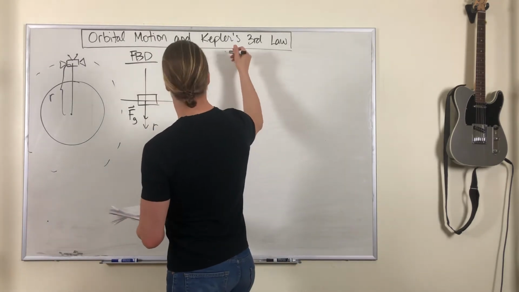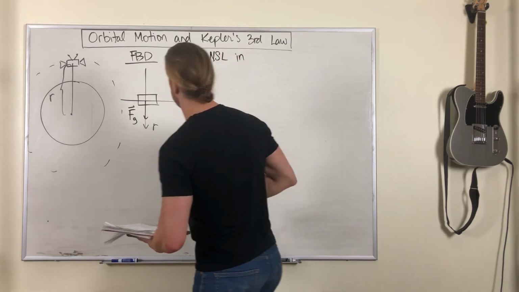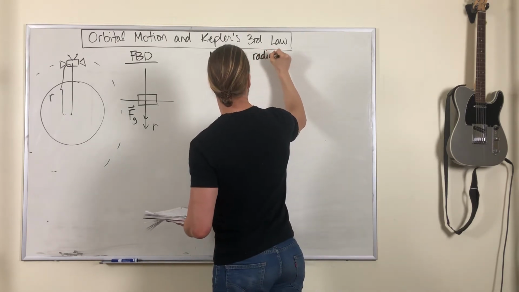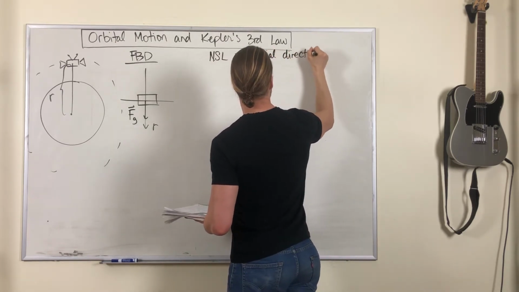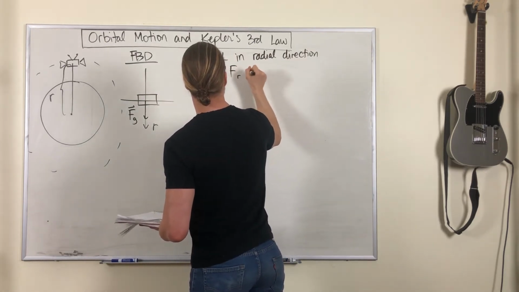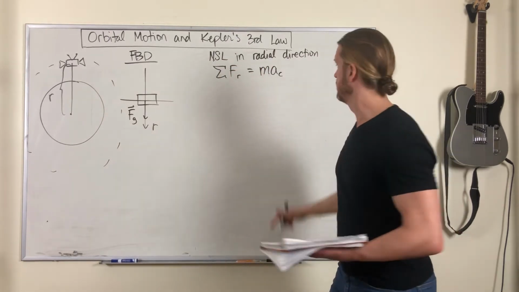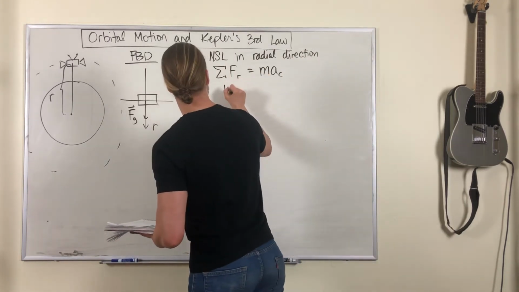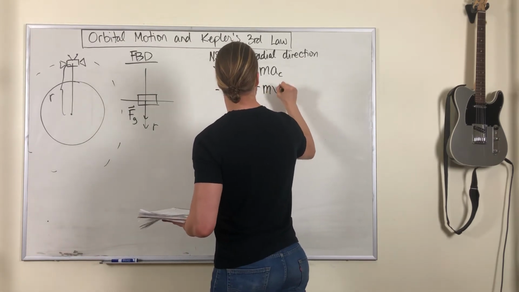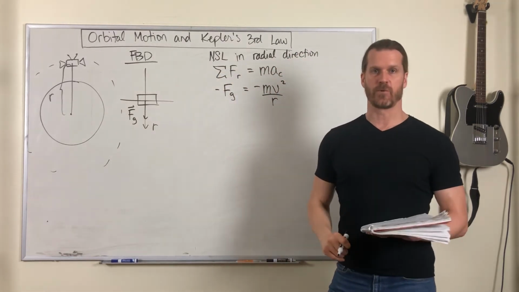So, Newton's second law in this radial direction reads: sum of the forces in the radial direction equals mass times centripetal acceleration. We've just got one force, it's the gravity force, and we have our centripetal acceleration v squared over r.